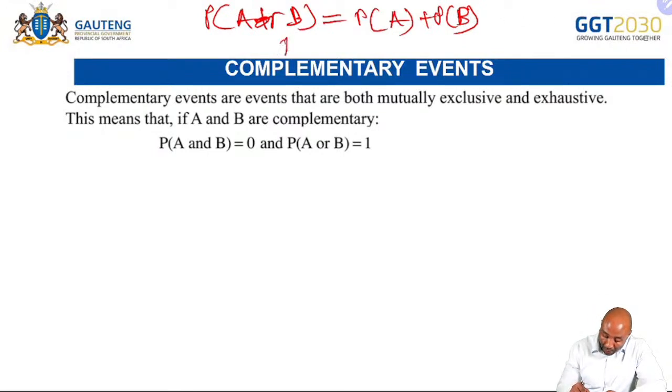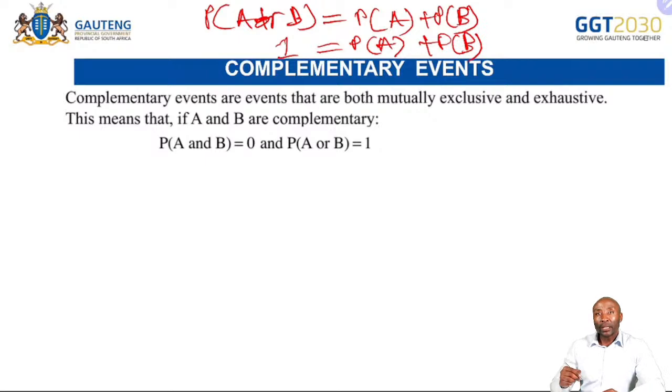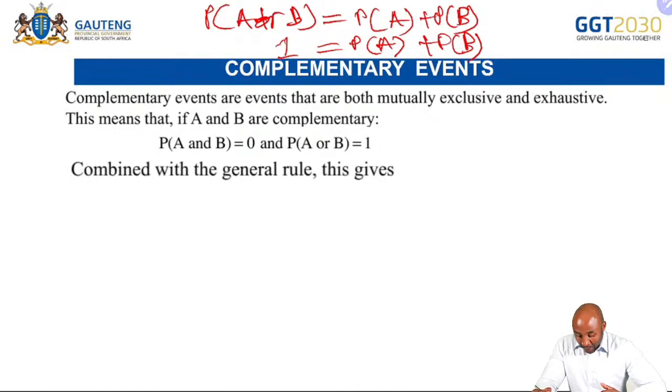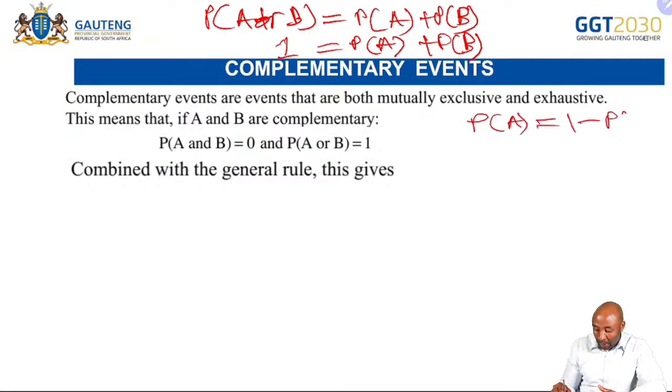Hence, we will have 1 is equal to the probability of A plus the probability of B. So you rearrange and make the probability of A the subject. The probability of A will then become 1 minus the probability of B.